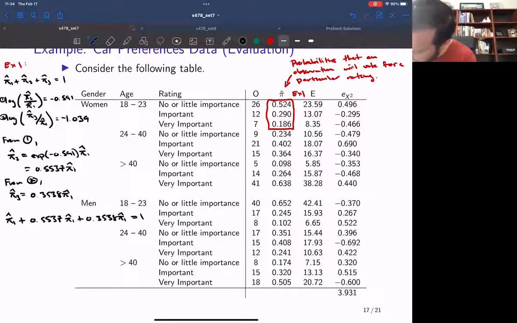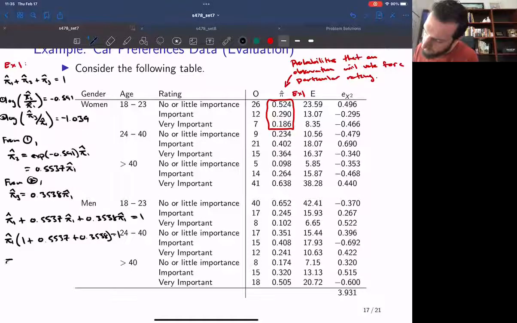Then pi hat 1 times the quantity 1 plus 0.5537 plus 0.3538 is equal to 1, so pi hat 1 is just 1 divided by that sum, which is equal to 0.524. That's what we have in the solution.